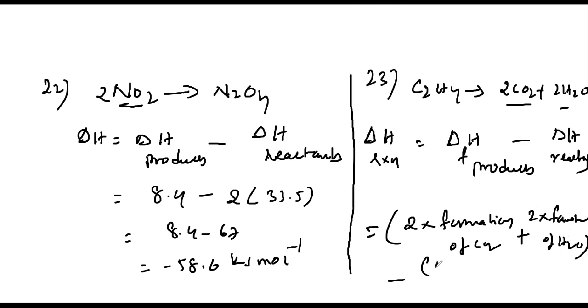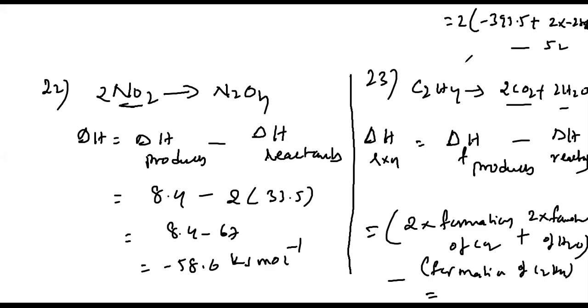That equals 2 into minus 393.5 plus 2 into minus 286, minus 52. So finally what you are going to get? Minus 1412 kilojoules per mole. Is it clear, students?